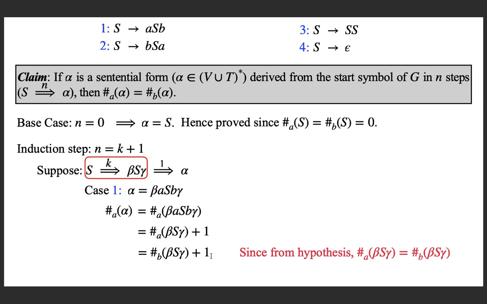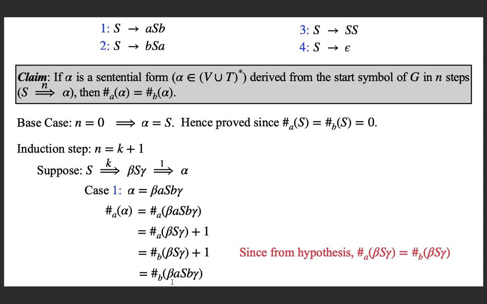Okay. Now, what is this? You can easily say that if the number of b's in this string is this, when you replace capital S with small a, capital S, small b, you are adding one more b, right? You are getting one more b into this string.